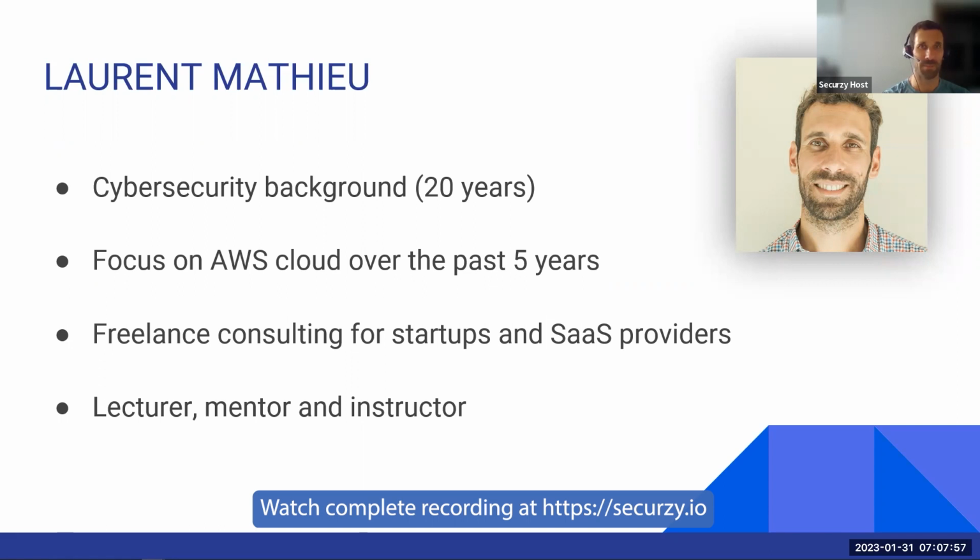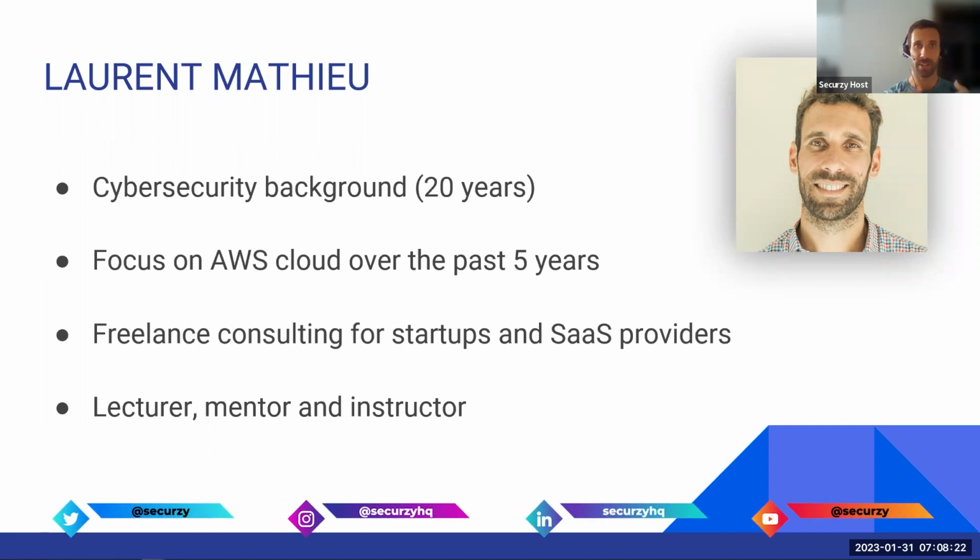I did a lot of technical jobs, but also stuff more related to governance, risk, and compliance, especially in the cloud, because it's a big topic. And over the past 5 years, I've been gradually shifting more and more to cloud security, and more specifically with AWS. And today, I work mostly on AWS security and AWS architecture in general.